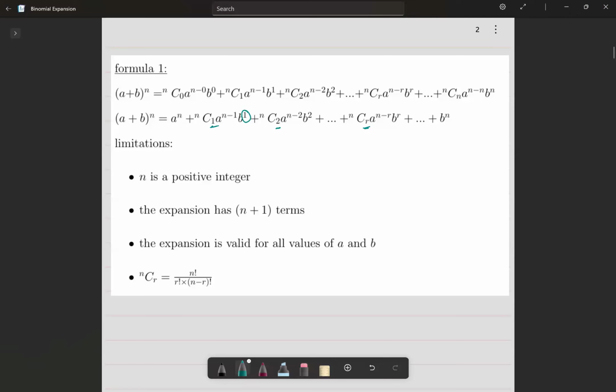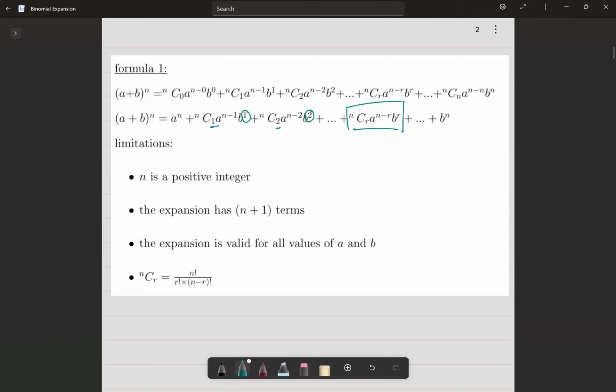If you have b squared, if you have a square on the second term, then you write nC2. If you have the power of r in the second term, then you write nCr like this. This is the formula for any term in general if you are using the nCr formula. This is the formula for any general term.